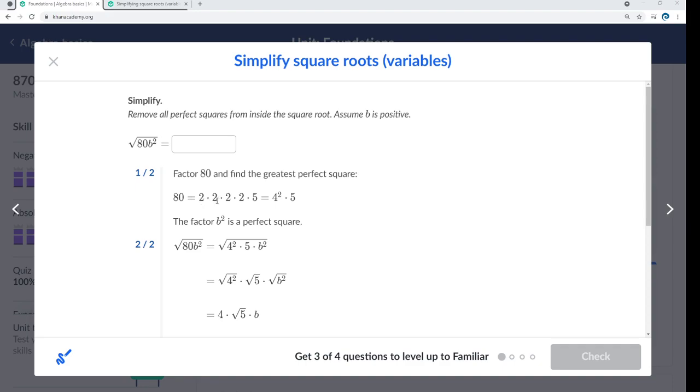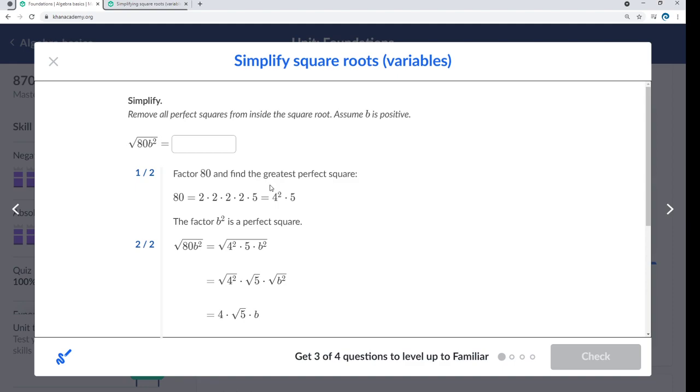So 2 times 2 is 4, times 2 is 8, times 2 is 16. Okay, I get it. So 4 to the second power. So they did it backwards, basically. Or I did it backwards in my head.